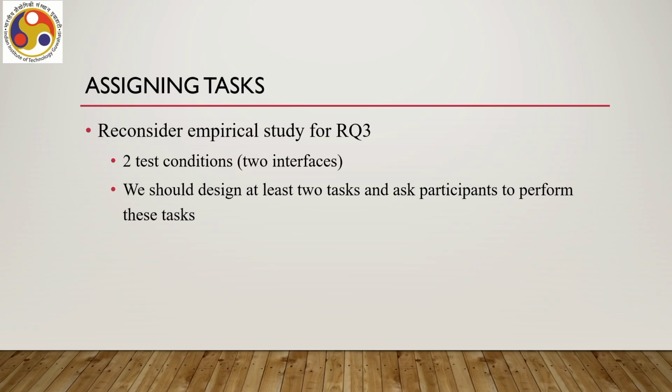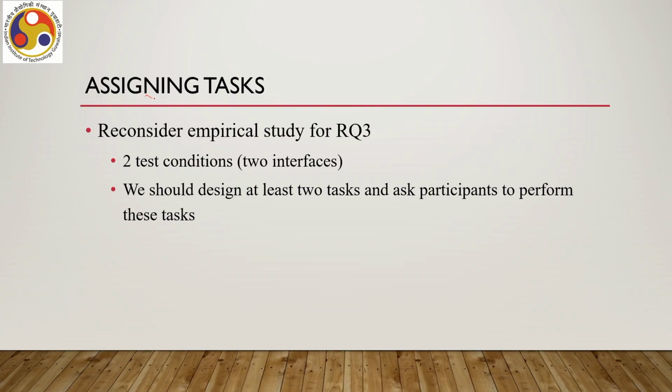So, there are three things: the profile for choosing a proper subset of end users, the number of end users, then choosing one or more representative tasks, and the fourth thing is assigning tasks. How do I assign the tasks to the end users?